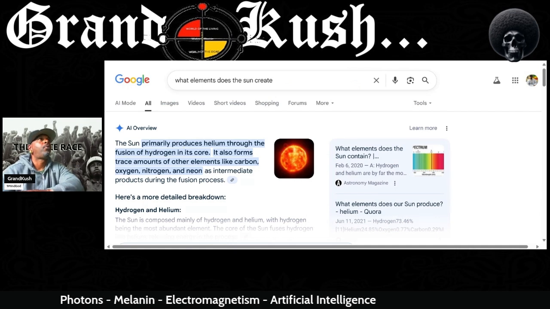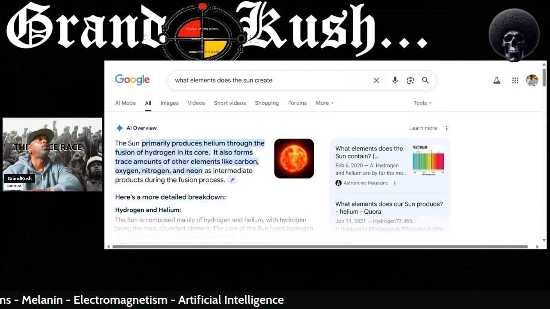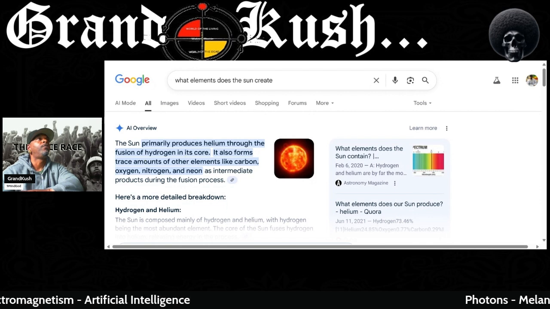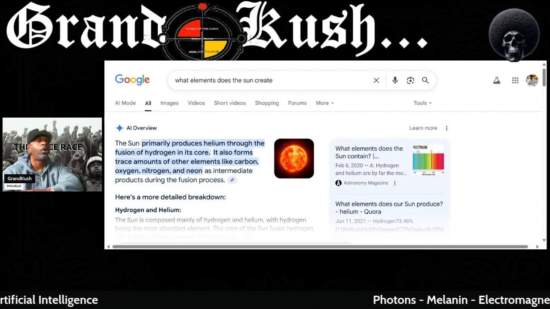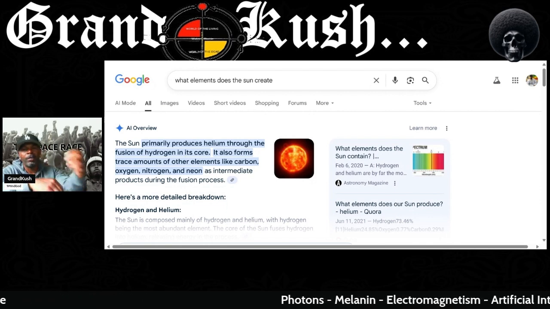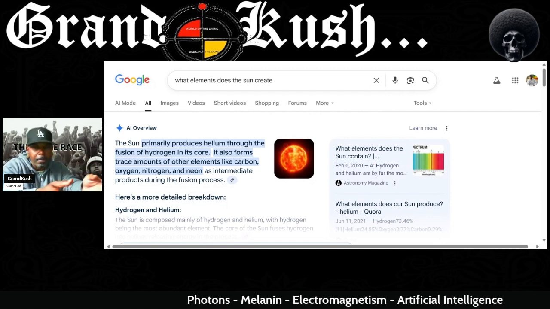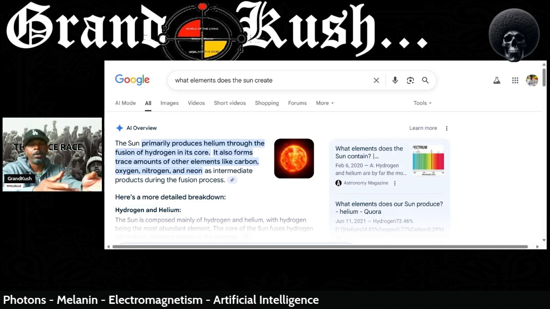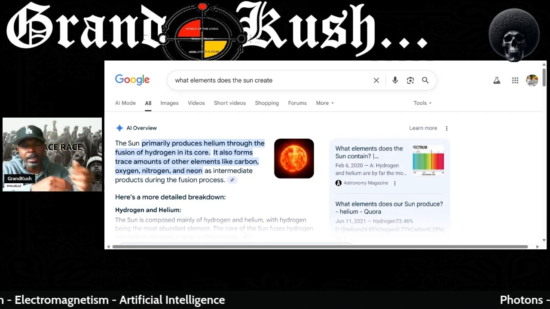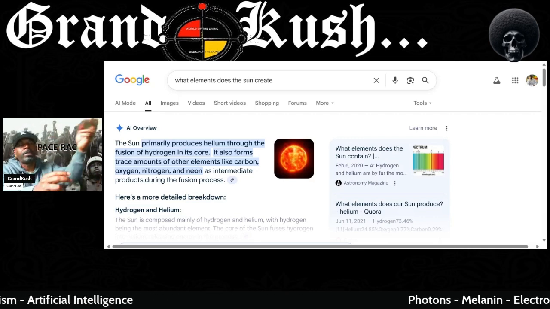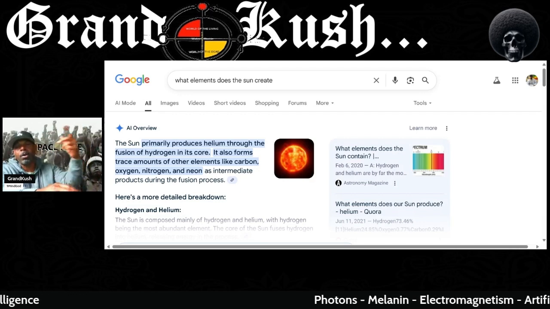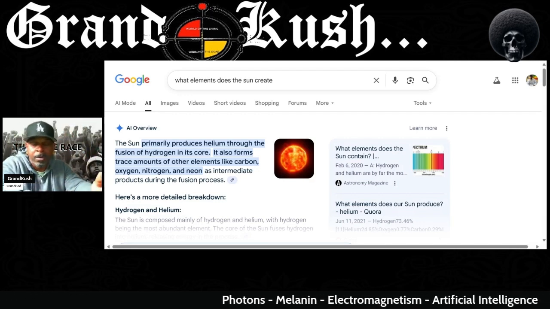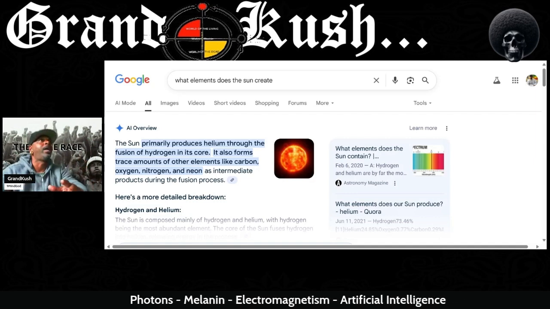The sun primarily produces helium through the fusion of hydrogen in its core. Right there, you got to understand the photon-photon relationship of electromagnetism. Okay. So in a sense of how melanin is activated, you can say that this is the early processes of Black people. If you can get that.